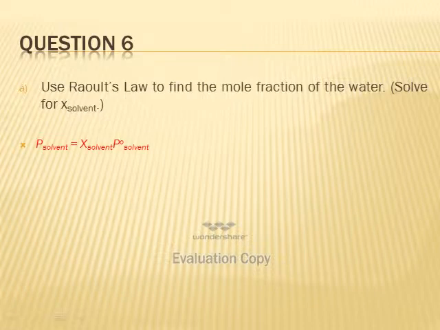Solve for X solvent. From the equation P solvent equals X solvent times P naught solvent, we are able to solve for X solvent because we are given the final and initial pressures of the solution. 2.1 kilopascal divided by 3.2 kilopascal is equal to 0.656.